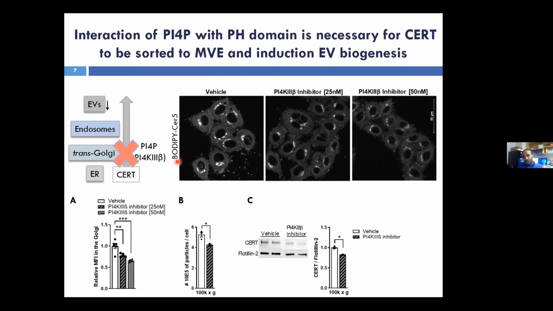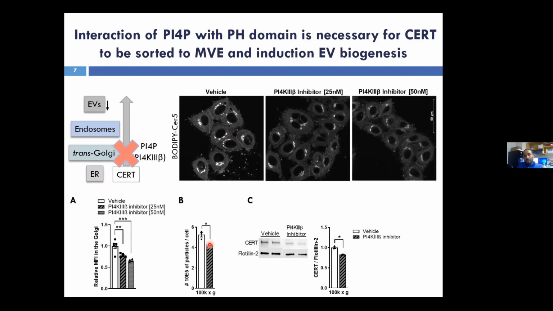And this redistribution of the BODIPY ceramide from ER to the Golgi is CERT mediated. So what you see here in the vehicle condition is a relocation, redistribution of the BODIPY ceramide to the Golgi. And if you inhibit PI4P formation, and so the anchoring of CERT to the trans-Golgi, and so the relocation of ceramide to the trans-Golgi, the signal in the Golgi goes down dose-dependently.